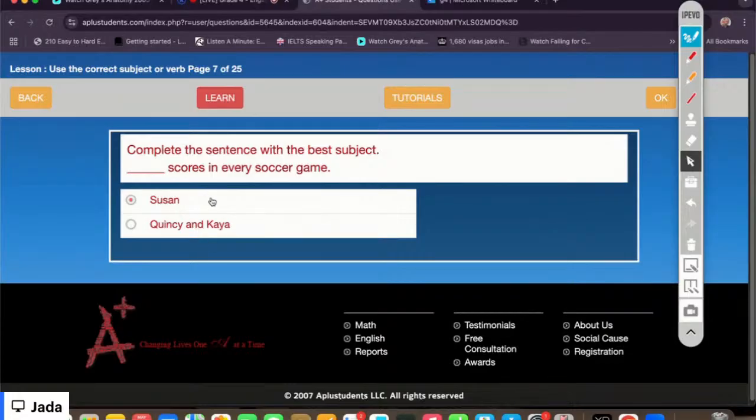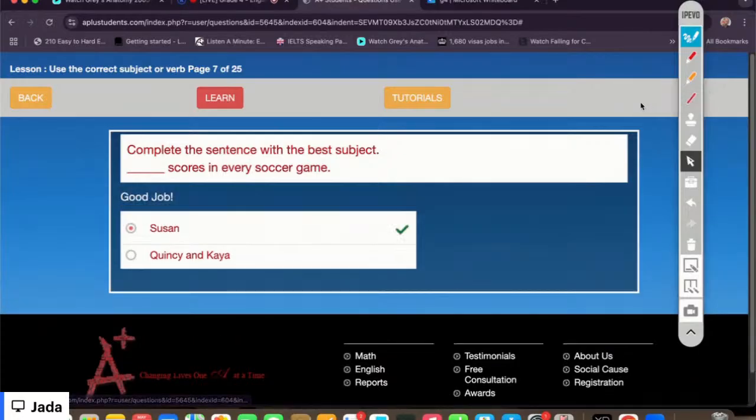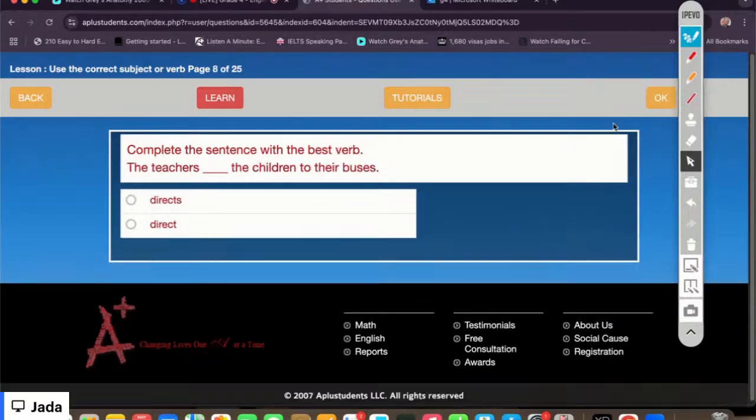Okay, so we have Susan scores because the verb has s, so it's a singular verb.